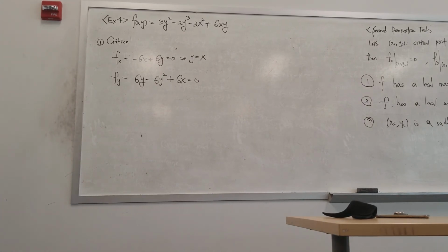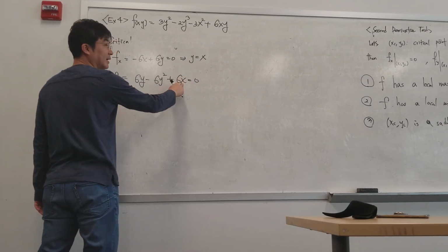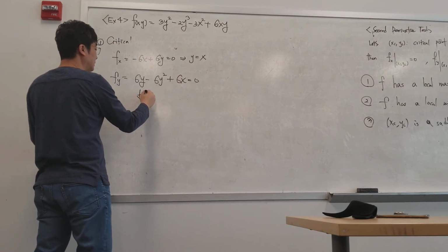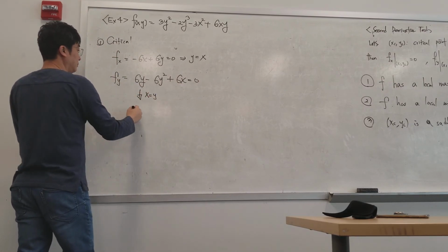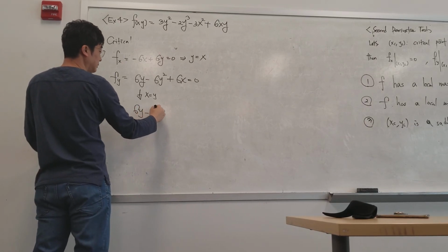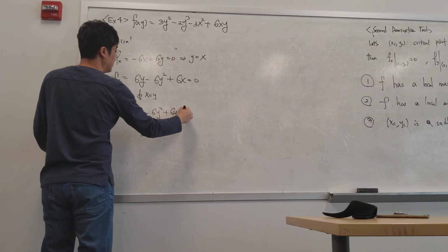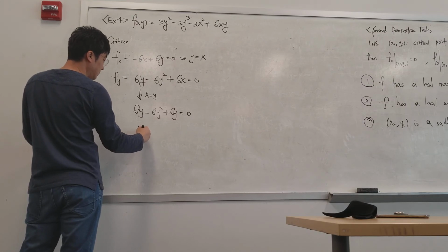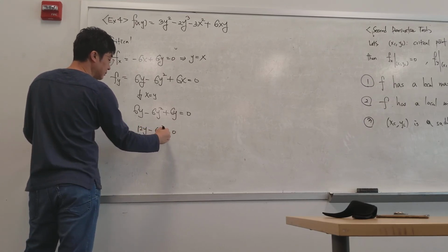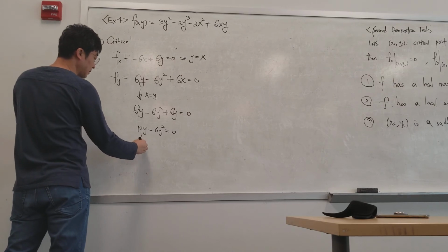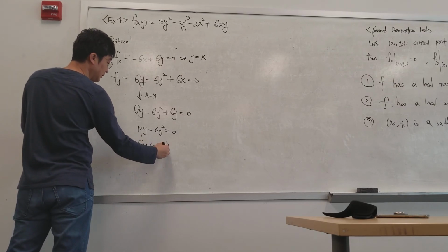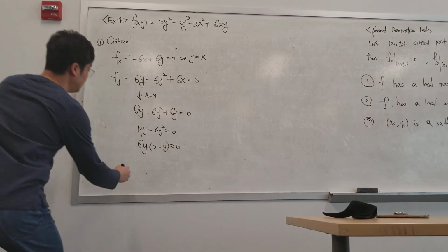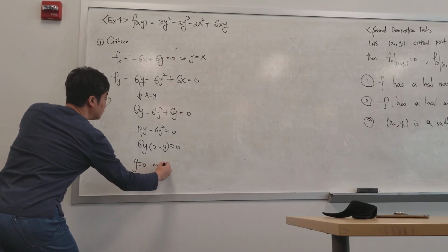Good. So let's plug x equals y into the second equation, right? So what I have is 6y minus 6y squared plus 6y equals 0. Let's simplify. We have 12y minus 6y squared equals 0. So 6y is my common factor: 6y times (2 minus y) equals 0. So we get y equals 0 or y equals 2.